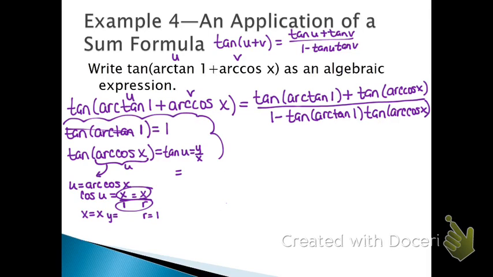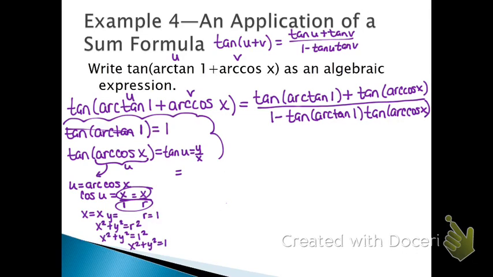Okay. So just like we did earlier, x squared plus y squared equals r squared. So we get x squared plus y squared equals 1 squared. So x squared plus y squared equals 1. What are we solving for again? Cosine? No, tangent. We need y.